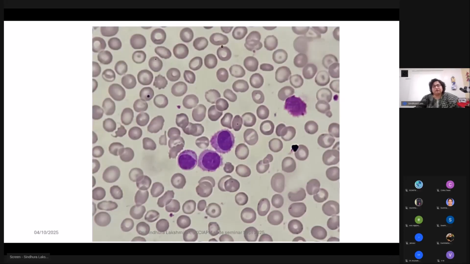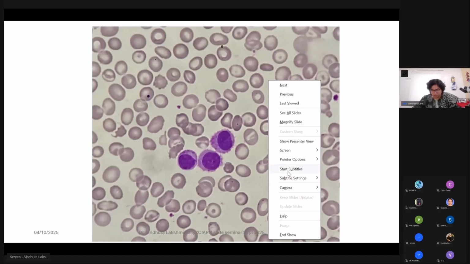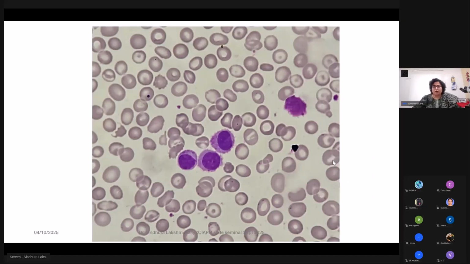Now, this is the picture from the slide. So you can see this is the normal lymphoid cell, for comparison, and these two are the hairy cells. Now, when you describe hairy cells, you should consider where the hairy projections are. You know that they are hairy cells, but there are different types of hairy cells.